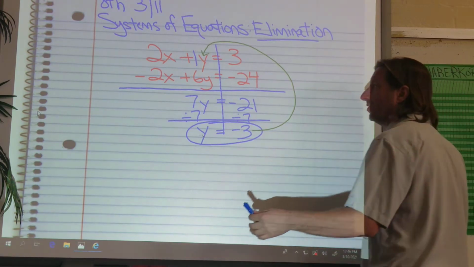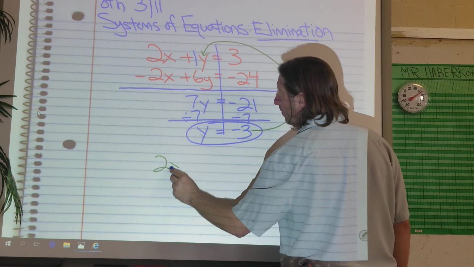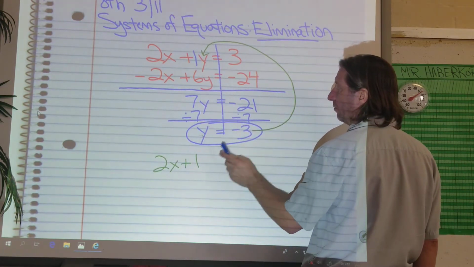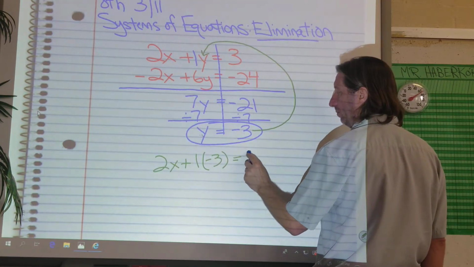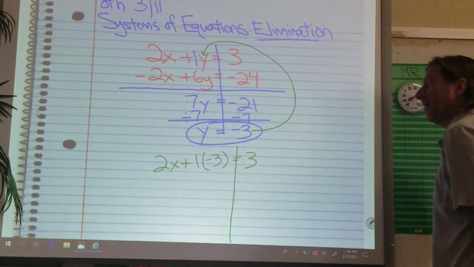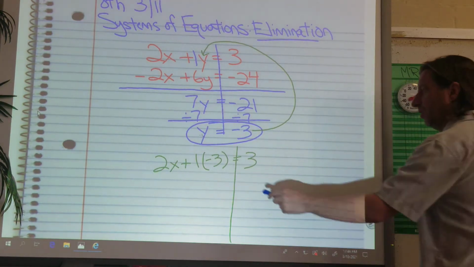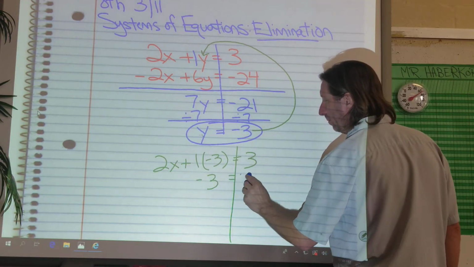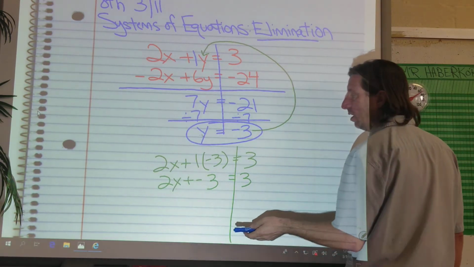Now it makes it so we can solve for x. I'm just going to recopy this equation down here. But instead of the y, we say y is negative 3. I'm going to put a negative 3 where that y was. All right, so now we have our second equation we have to solve. 1 times negative 3 is negative 3. Now we just solve it.